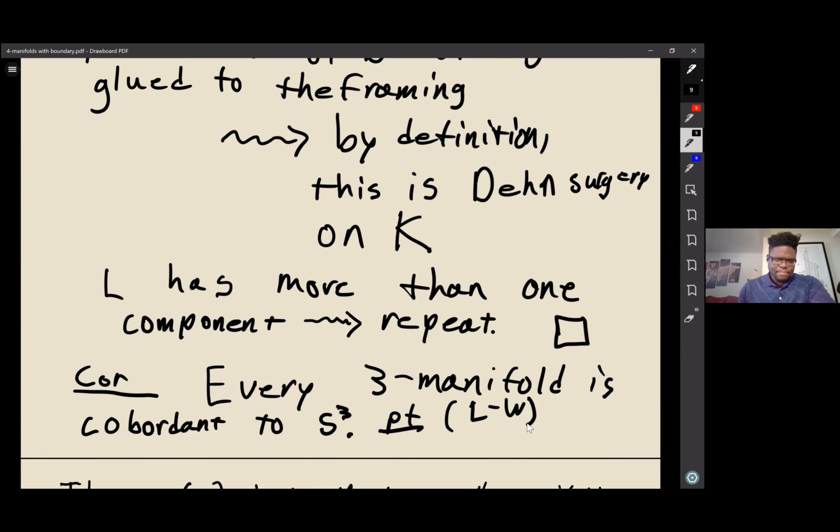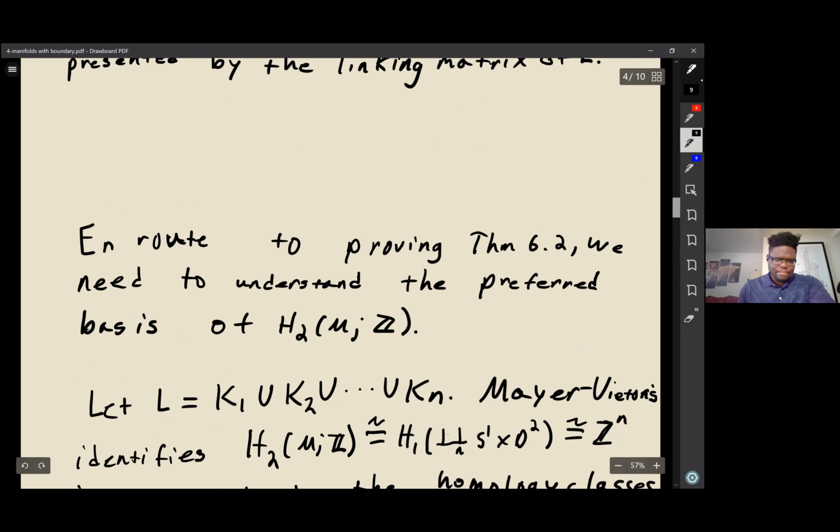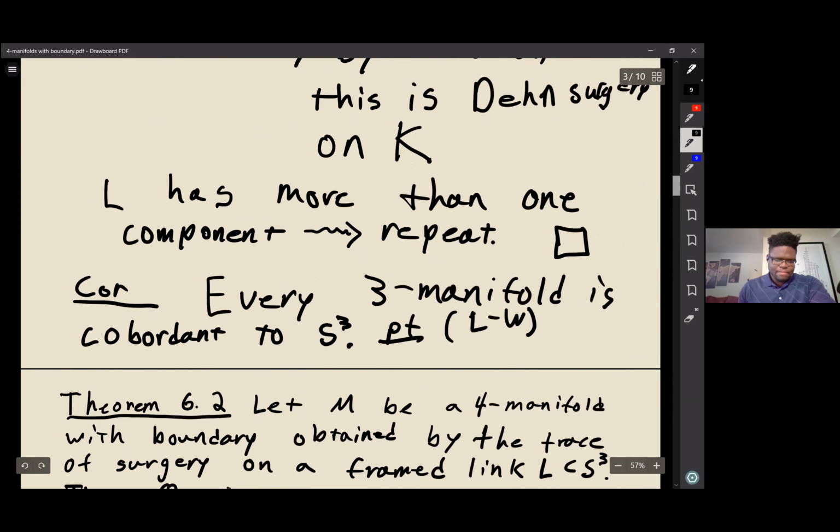So if we cap off the S3 boundary component of this trace of surgery that we get from this integral surgery on a link, we see that every three-manifold also bounds a four-manifold. So the three-dimensional cobordism group is trivial. Okay, and that's all I wanted to say about that.